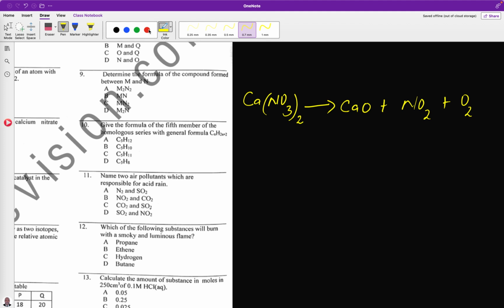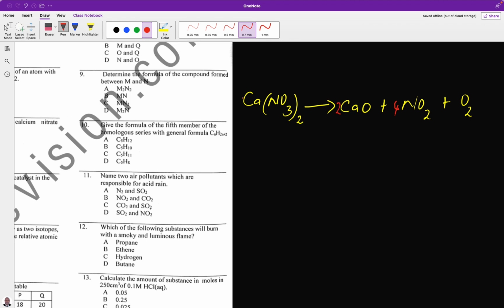Balancing the equation, we will have 4 nitrogen dioxide, 2 here, and 2 there.